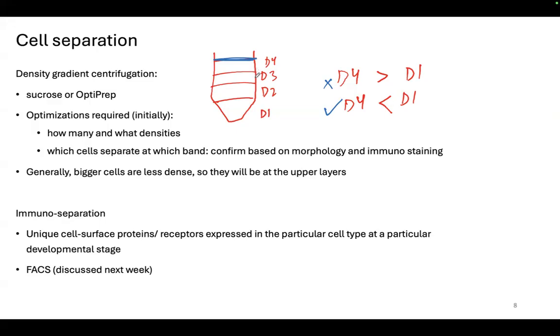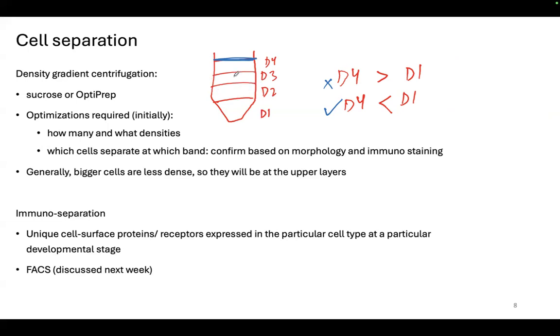But now, instead of water, you are using something which is denser. Sucrose is mainly sugar solution, right? So it's thicker. Since you're adding a solute, the density of that solution increases. So the highest concentration of sucrose goes at the bottom, then lower, lower, and lower.